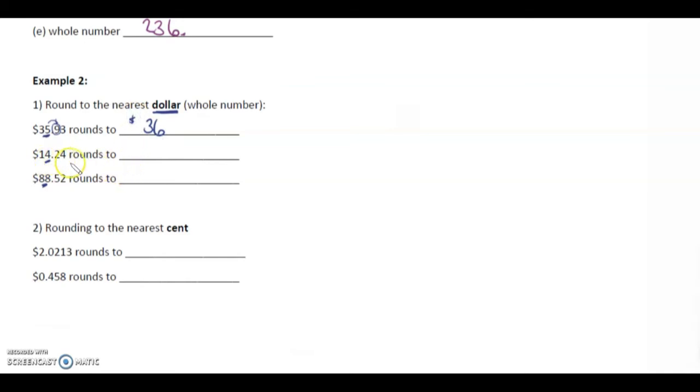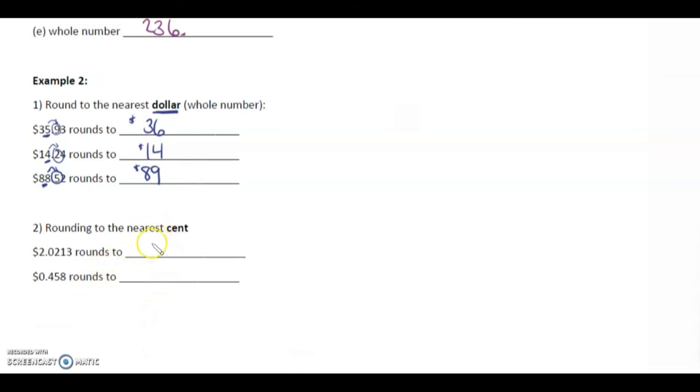For 14.24, we want to take a look at the 2, and the 2 is going to round the 14 down just to 14. So what we do is we keep that place value. And then 88.52, we're taking a look at the 5, which is going to round the 88 up to 89. So we get $89.